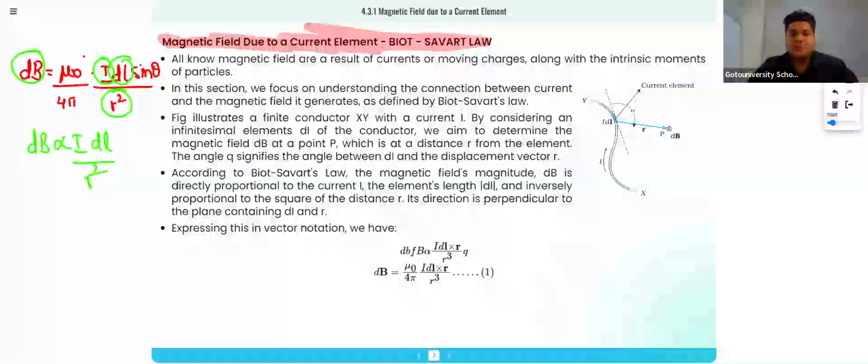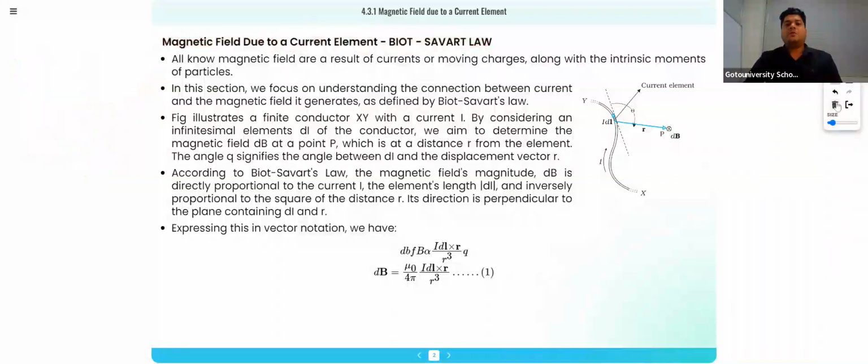After removing the proportionality sign, the constant that first arose is mu naught, then 4 pi, then we got sine theta. First we will revise it again.